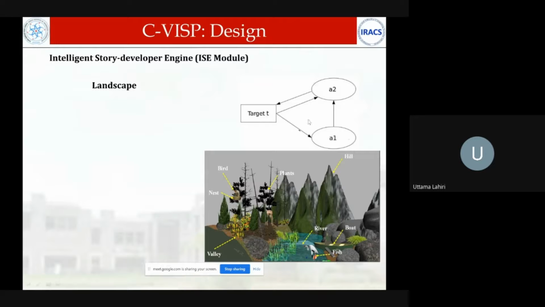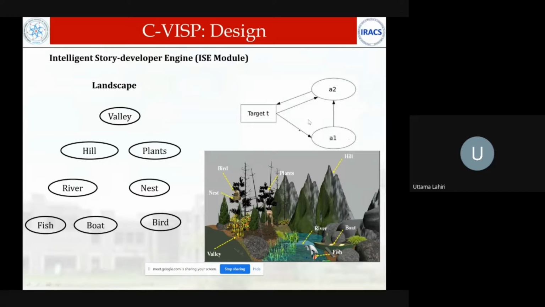So we used a lexicon and relationships as per the hierarchical structure, which is there in literature. For example, we were designing the landscape scenario. So these are like individual nodes in a tree structure. For example, the valley is there. So this is the valley.